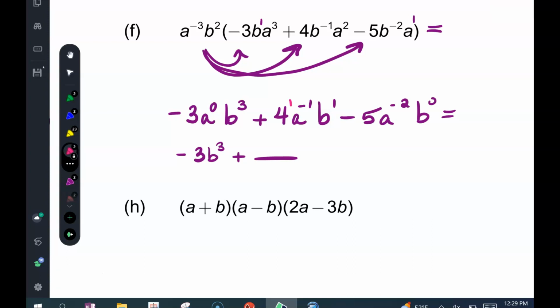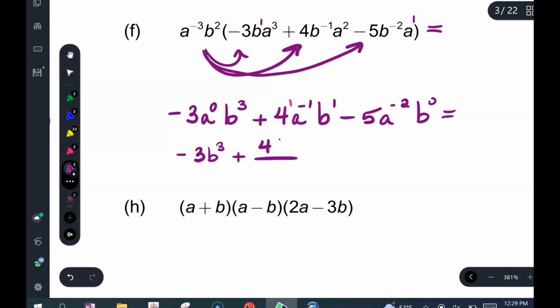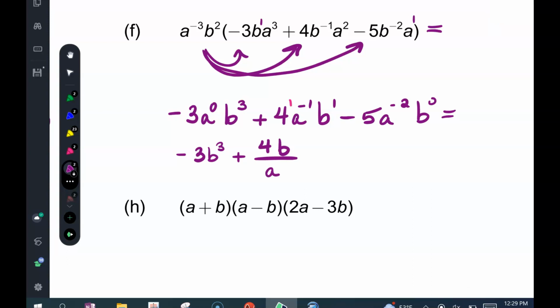Isn't that a positive 1 exponent for the 4? So the 4 stays on top. Don't forget, leave that 4. So it's going to be 4b on the top. The only thing that moves to the bottom is the a. This 4 is not necessarily attached to this a to the negative 1. That 4 is something separate.